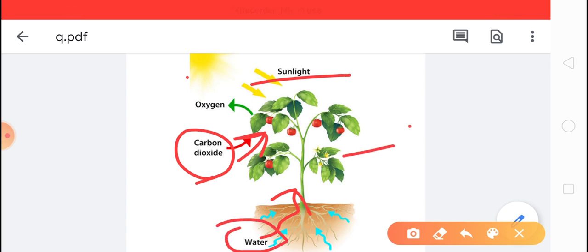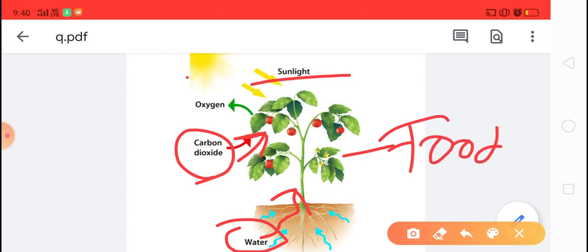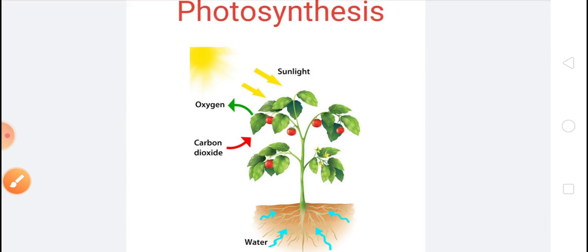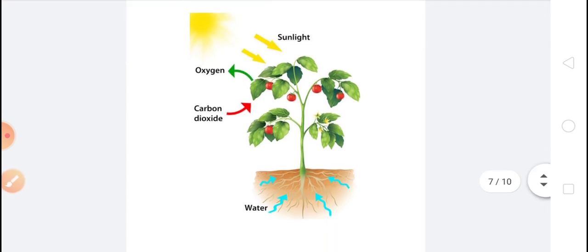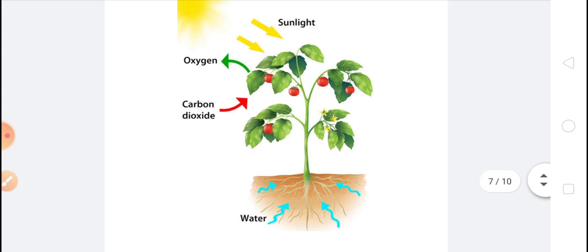It means photosynthesis is the process of formation of food with the help of carbon dioxide and water, and in this process they liberate oxygen into the atmosphere as a byproduct. Oxygen is a byproduct of the process of photosynthesis.